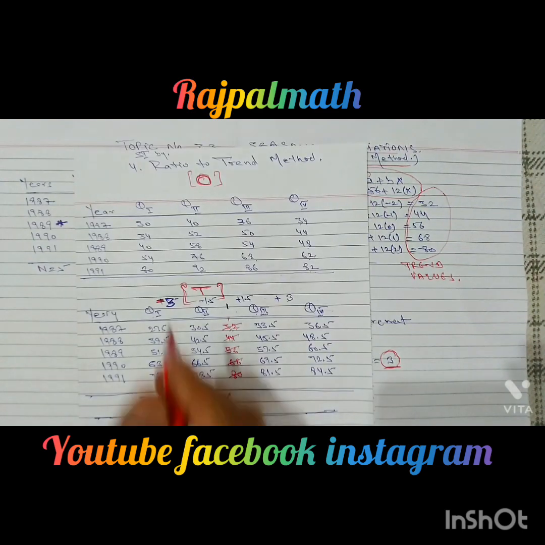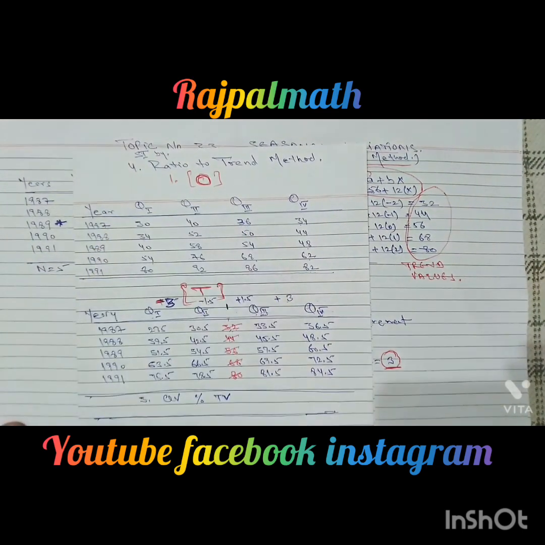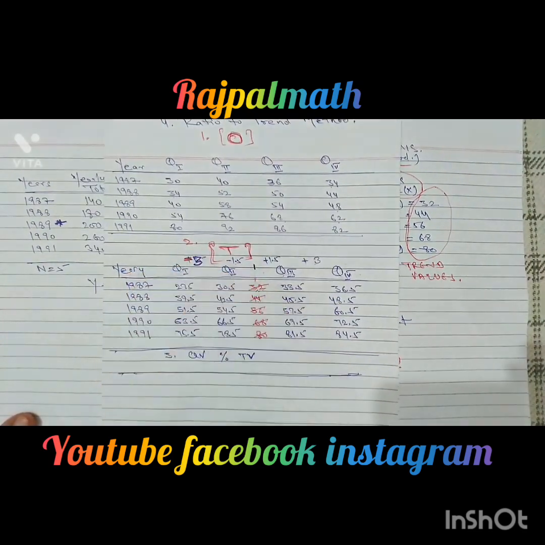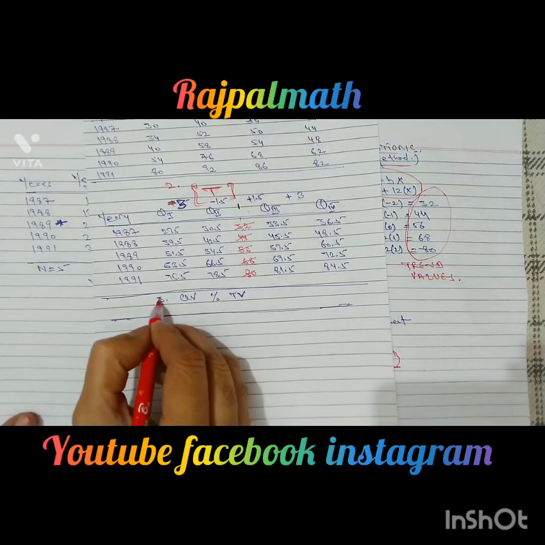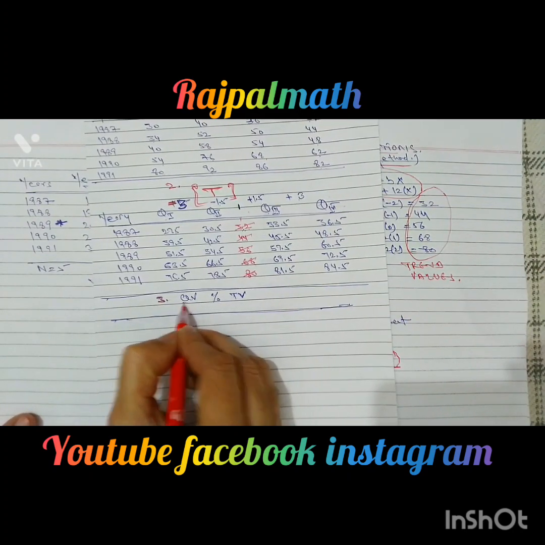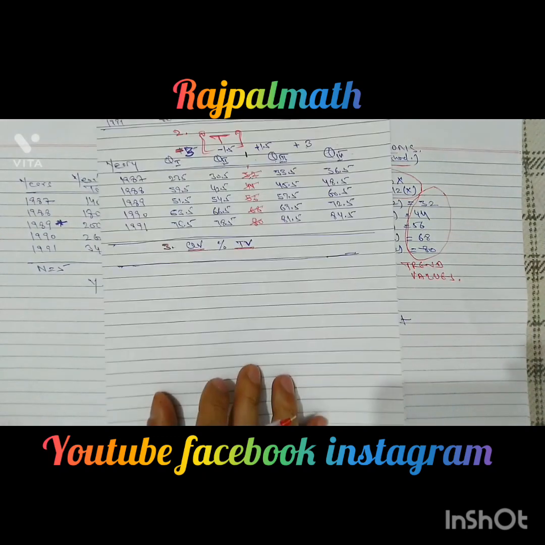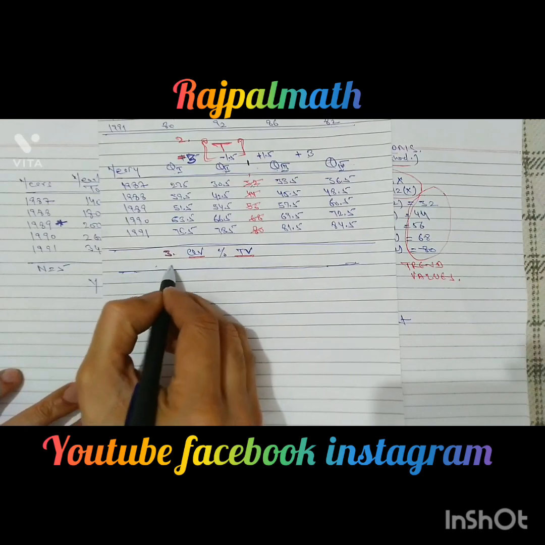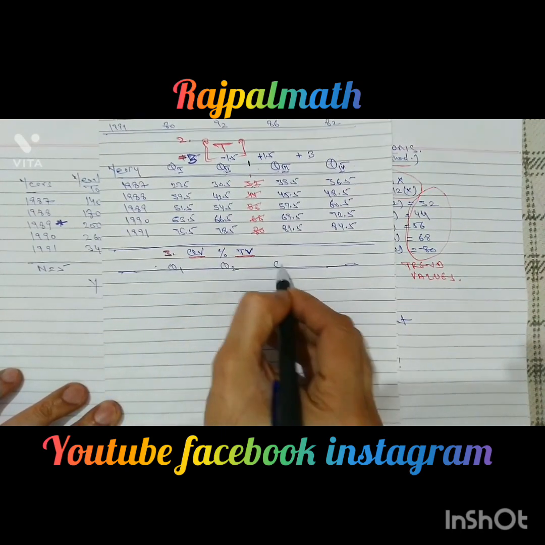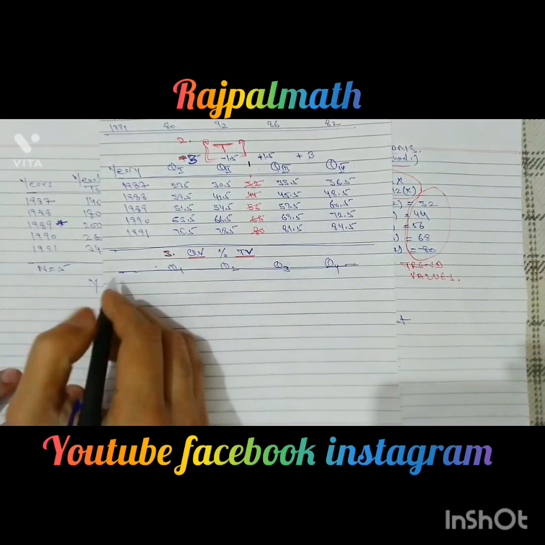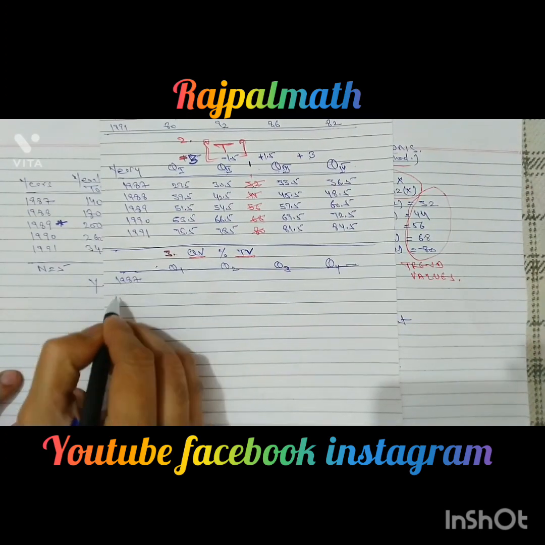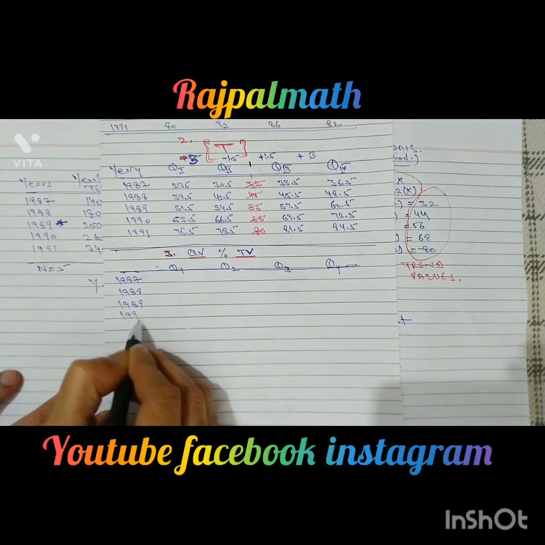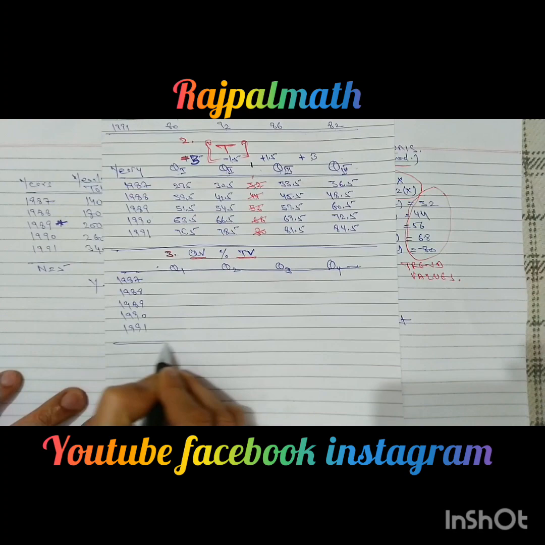The first table is as given in the question, the original or observational value table. The second is the T value or trend values table. The third is the quarterly values percentage of trend values table. Very important table. Same for quarter 1, quarter 2, quarter 3, quarter 4, and the years 1987, 1988, 1989, 1990 and 1991.